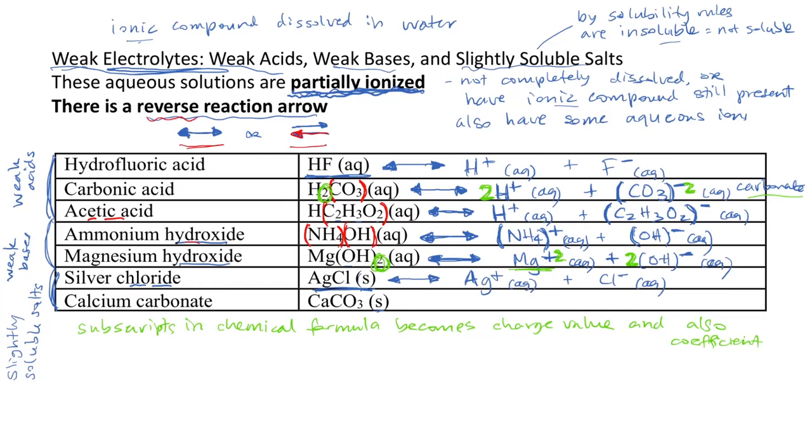But for CaCO3, calcium carbonate, you want to put parentheses around CO3. And then when this breaks apart, you have the reverse reaction arrow. This is going to be Ca+ (aq) and (CO3) minus (aq).